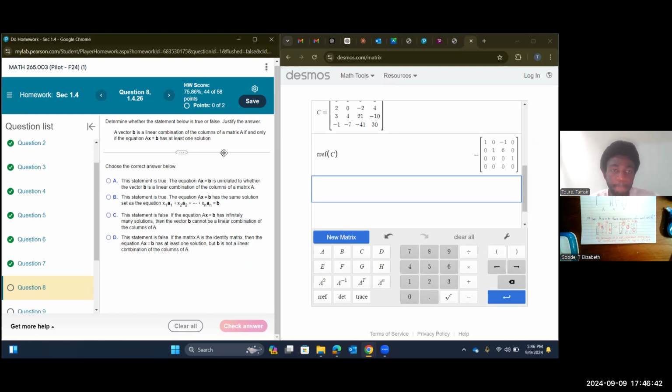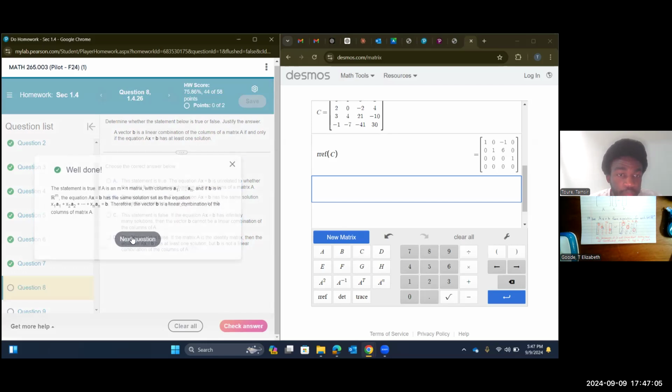It means you can get B by weighting the columns of A somehow. There may be more than one way to do it, but yes, I believe this is true.